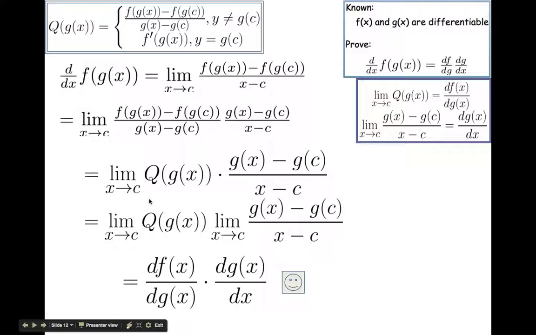When g of x is equal to g of c, this value is 0, which means the whole thing is 0 anyway, so it doesn't matter what this value is right here, and it just works nicely for our proof to make it equal to the derivative of f with respect to g. So I hope we have established, and I think we have established, the truth, or at least the validity, of the chain rule, and that's all.